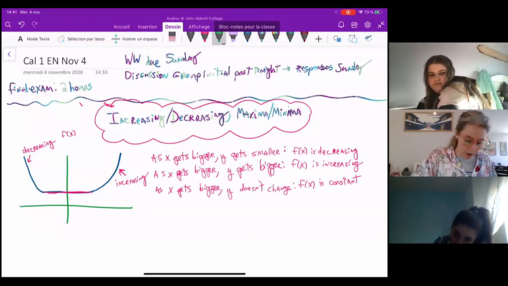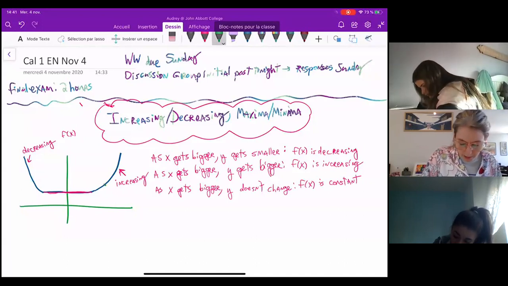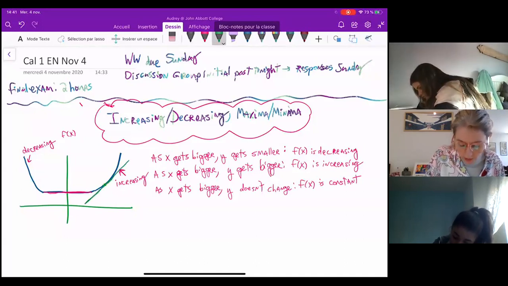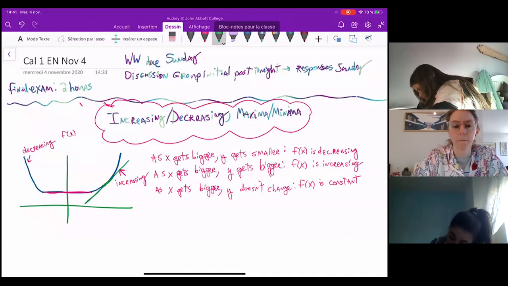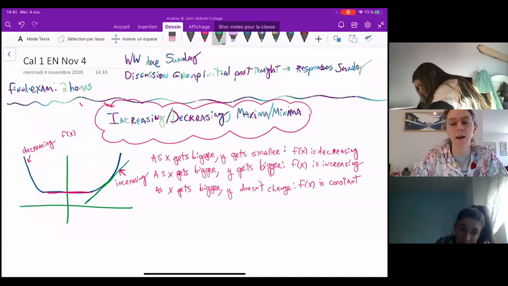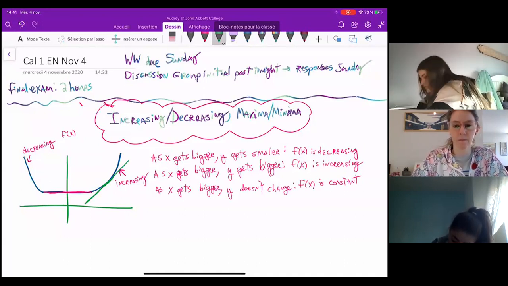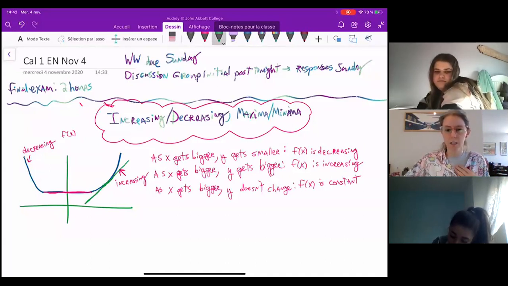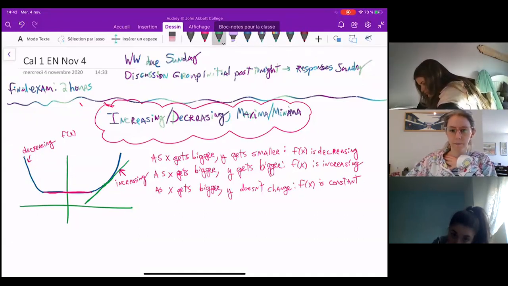And if I go over here and I look at where it's increasing and I draw a tangent line at a place where it's increasing, is the slope of that tangent line I drew positive or negative? It's positive. That has a positive slope. And what's another word for the slope of the tangent line? Derivative. You got it.